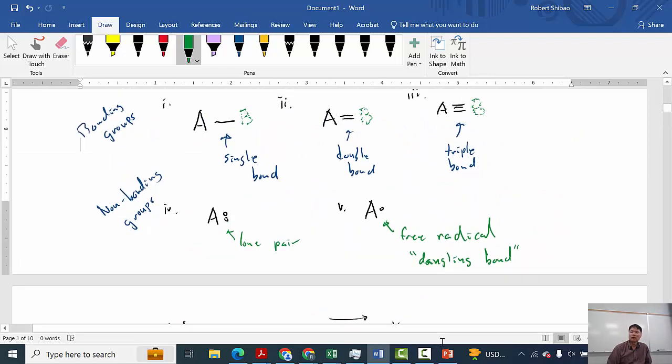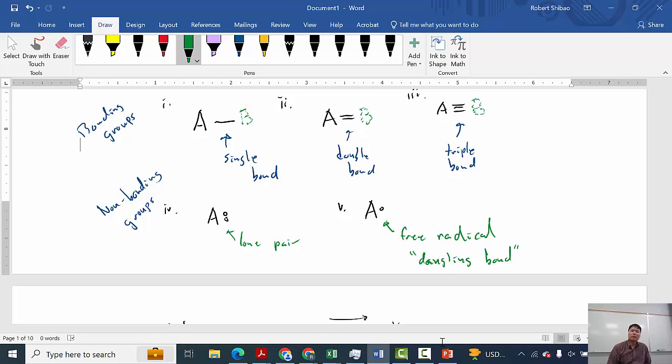Would we be safe to say that from group 1 to group 5 the electron cloud is increasing? No, because the situation here is that 4 would be comparable to 2 and 3.